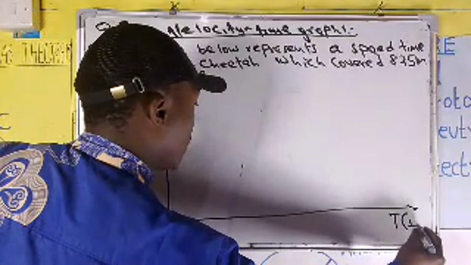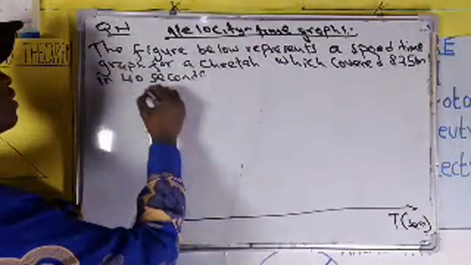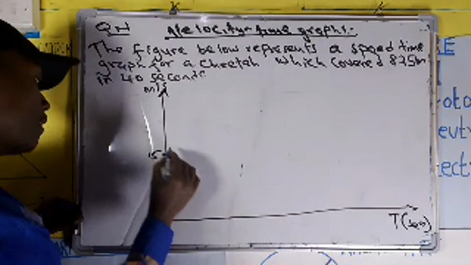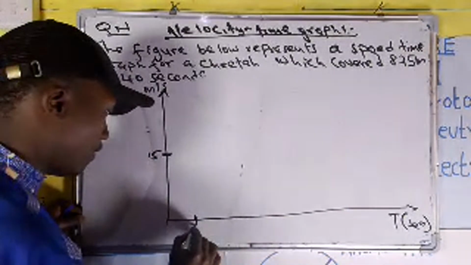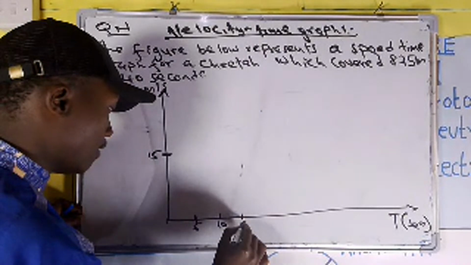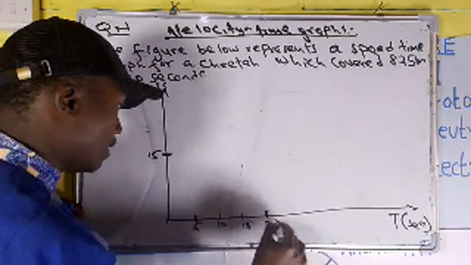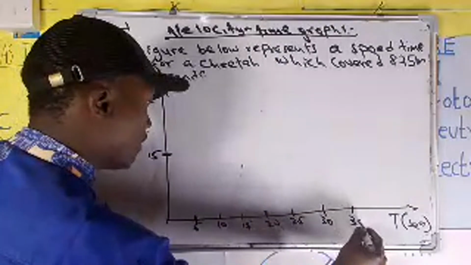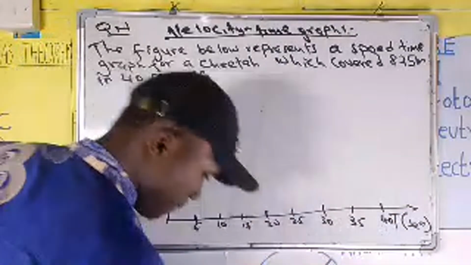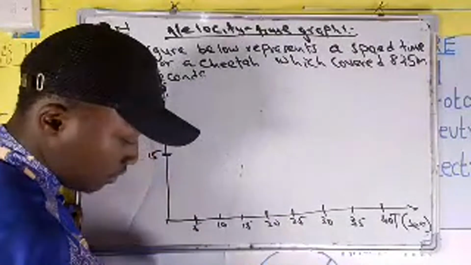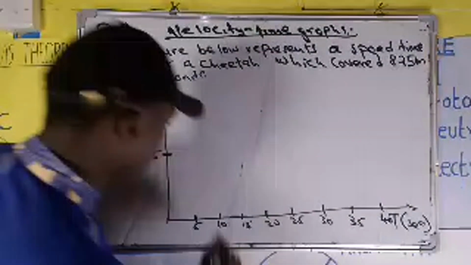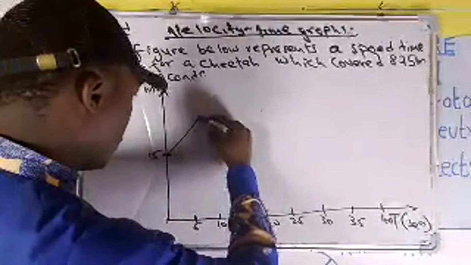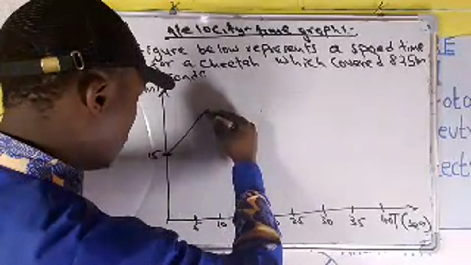This is time in seconds and this is speed in meters per second. Imeanza 15. So hapa tuko na 5, 10, 15, 20, 25, 30, 35, 40.